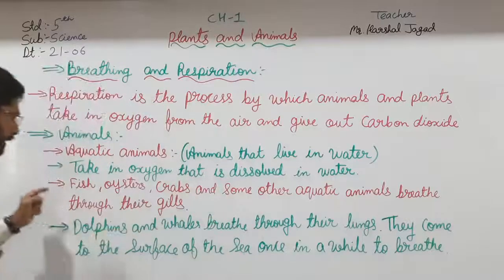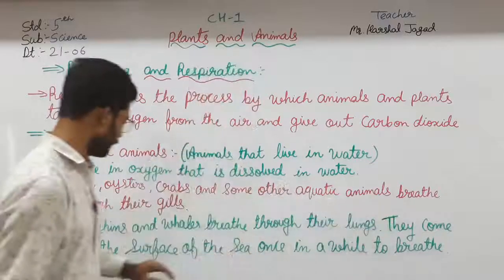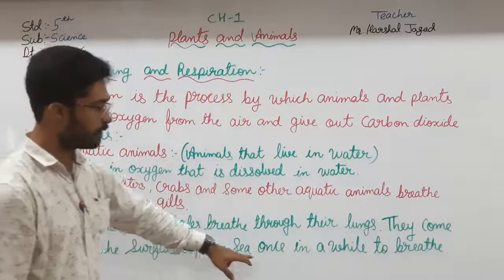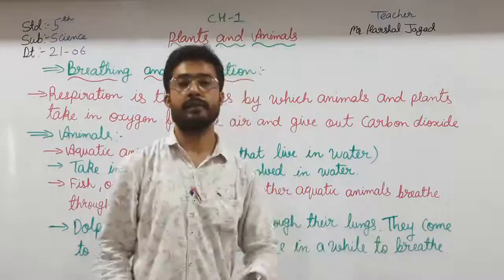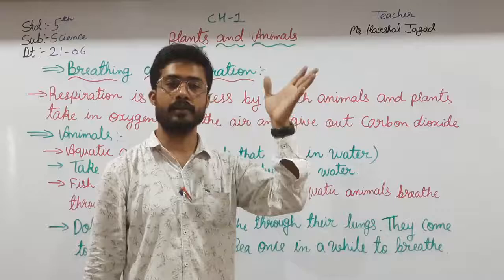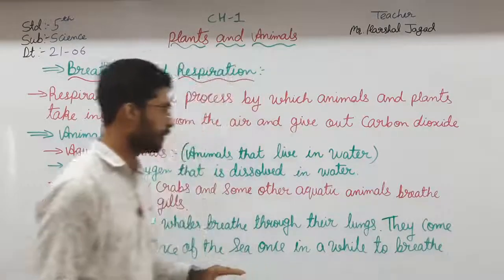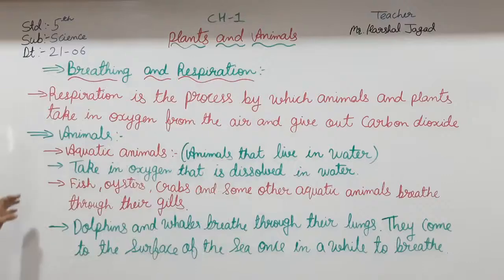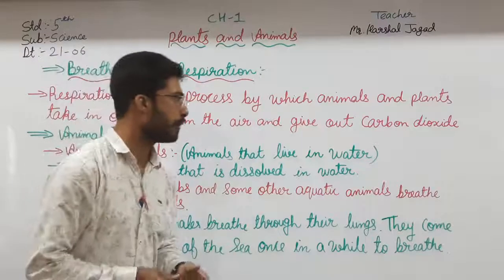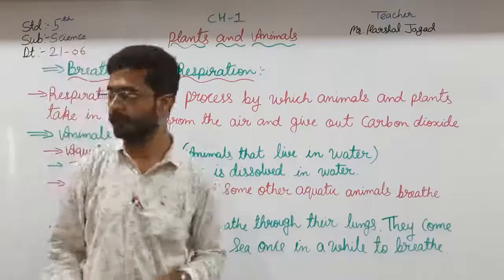Here, dolphins and whales breathe through their lungs. They come to the surface of the sea once in a while to breathe. It means they come to the surface, breathe, and go back into the water. Okay, so that is the way dolphins and whales breathe. Okay students, now I am giving you time, you note down the main points.